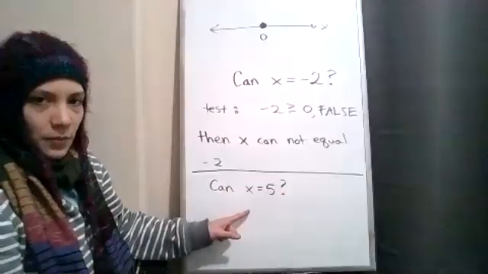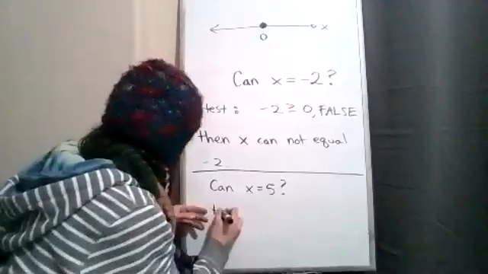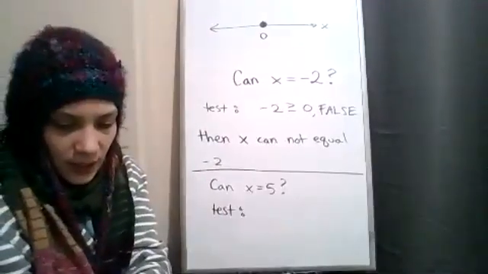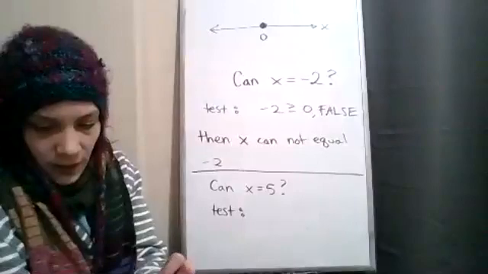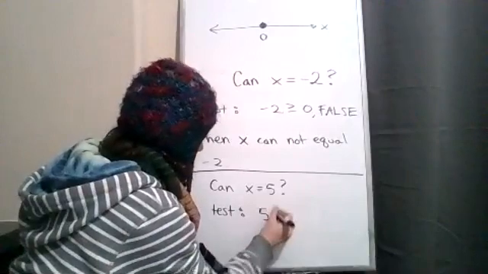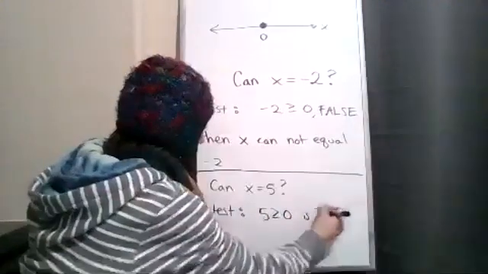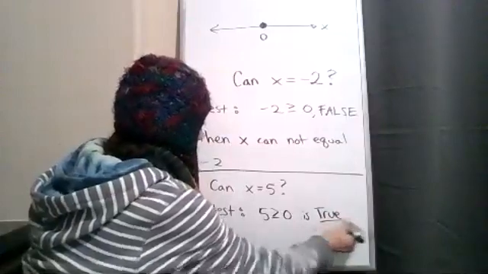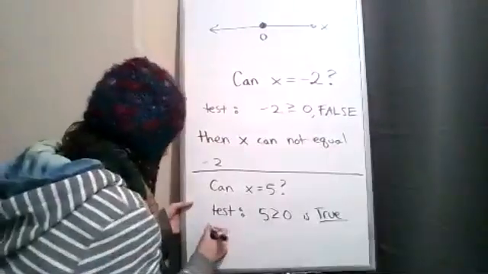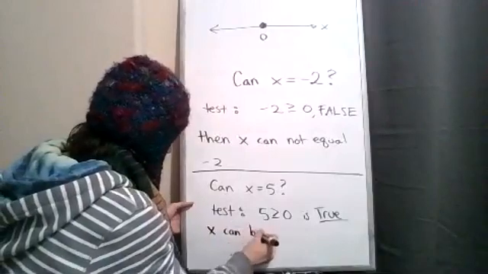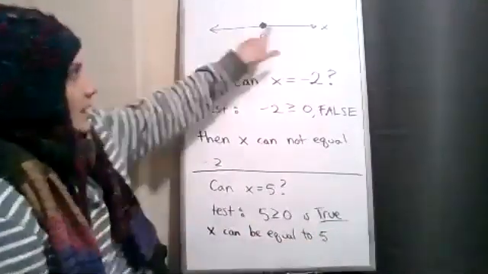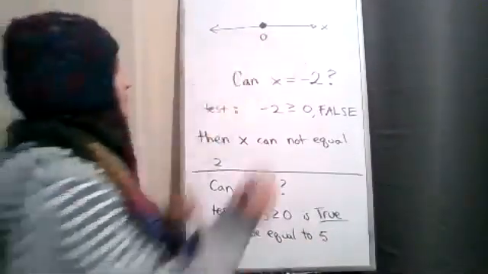Could x be 5? And we'll test it. Put 5 into the inequality. So is 5 greater than or equal to 0? If it's true, then x can be equal to 5. And 5's over here. That's one of the values in your set.